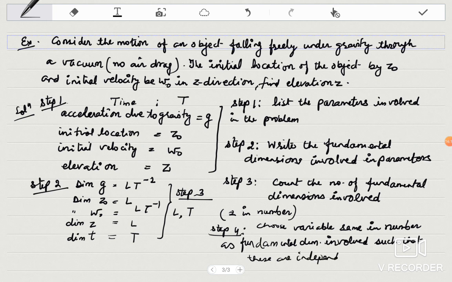This is the next step, and the main thing is that these variables are called repeating variables. So now the fourth step is to choose these variables.